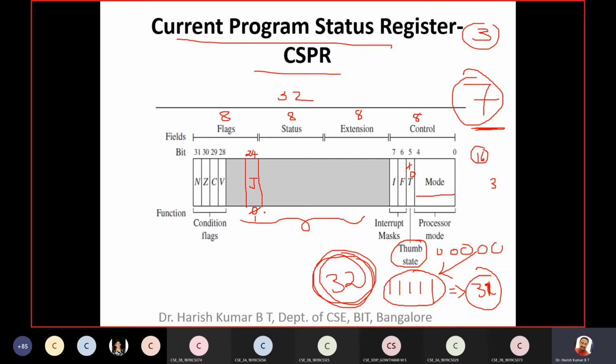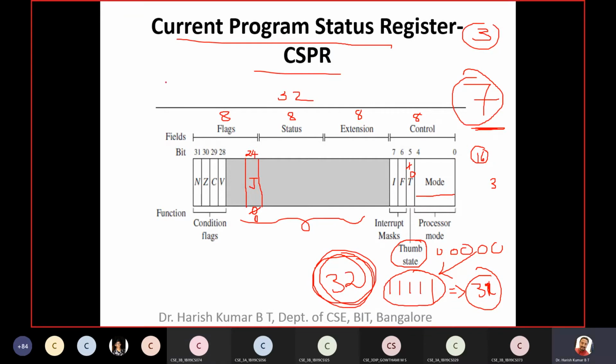No, I don't want the Jazzle state or the thumb state. I want the ARM state. Then make both bits 0: the T bit 0 and the J bit, the 24th bit, 0. So it operates in the ARM state, and this is the default state. Are you able to understand?